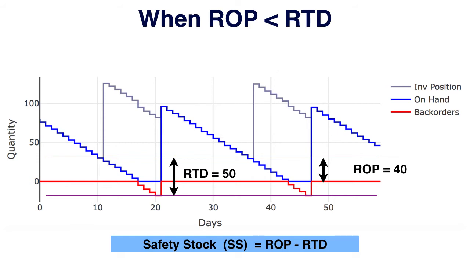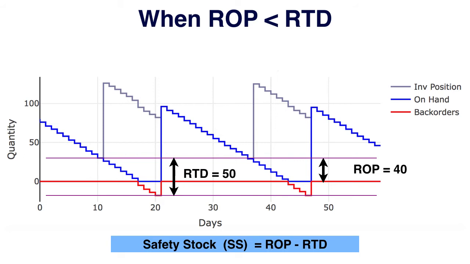So with not much of a variation in demand and replenishment time, you will consistently, in every up and down that you see there, in every cycle, see back orders like you see here. So that's what will happen when reorder point is less than the replenishment time demand.